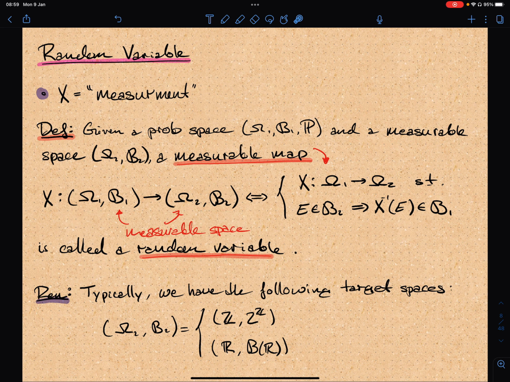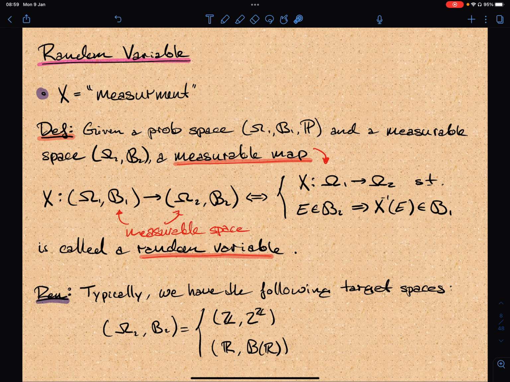And it's measurable because you could add a measure to it, which is the probability function, but we don't have to define one. So first we have that X is a map between measurable spaces, and moreover, we have that X is a measurable map. And more precisely, what this means is that X is a map between these two sets, these outcome spaces, omega 1 and omega 2.